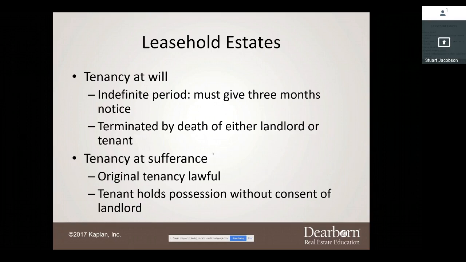Now, tenancy at sufferance. Tenancy at sufferance is originally a tenancy that was lawful. The tenant holds possession without consent of the landlord. They are a holdover tenant. They are an illegal holdover tenant. Tenancy at sufferance is an illegal leasehold estate. You do have an interest in the property.